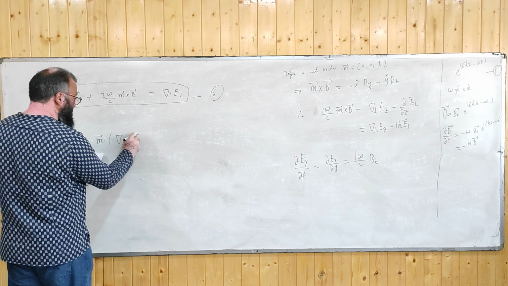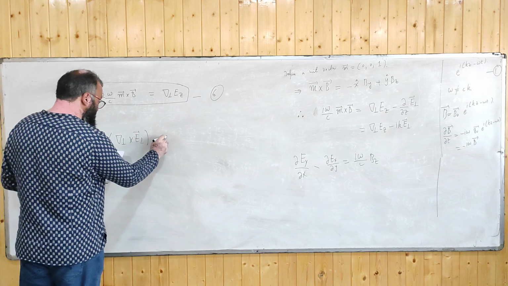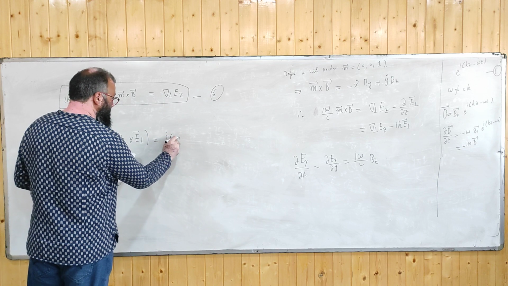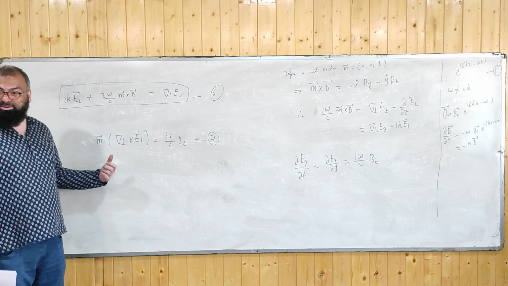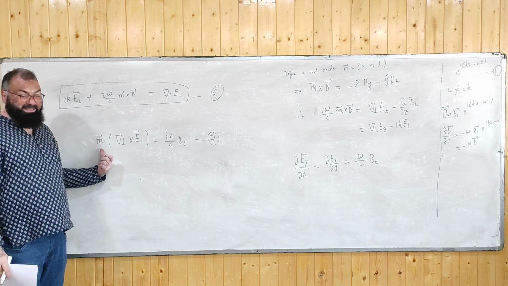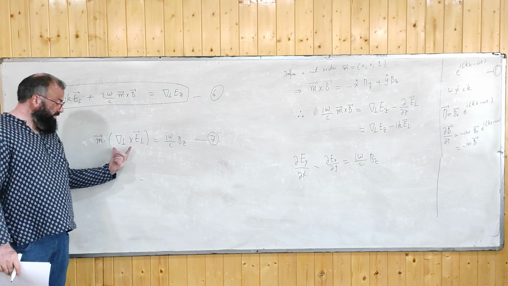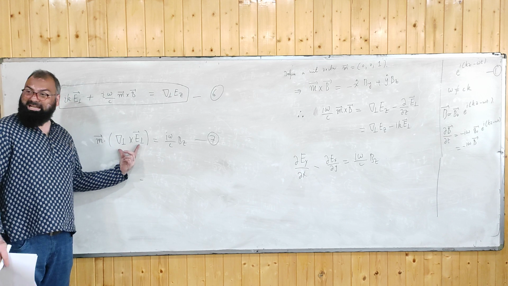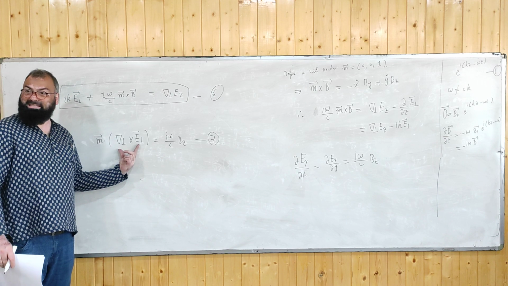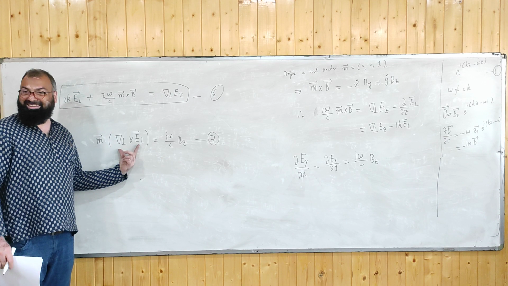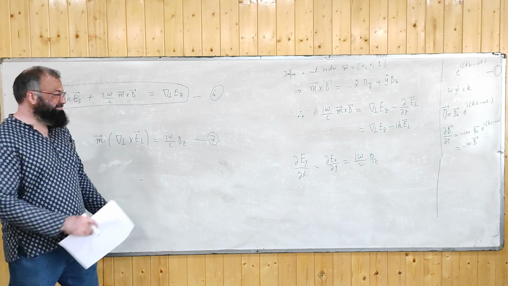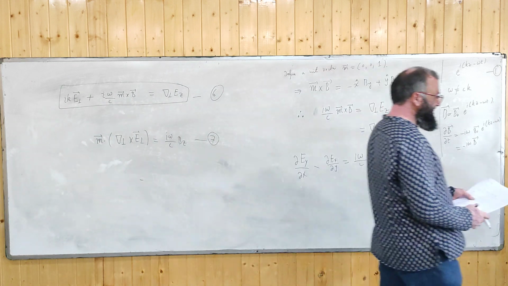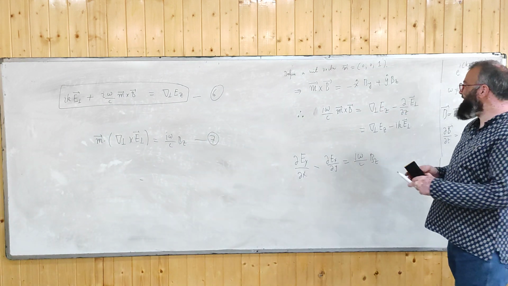M cross E perpendicular is equal to i omega by c Ez. Can I write it? What is M? M is actually the z direction. So I need to calculate the z component of this thing. What will be the z component?